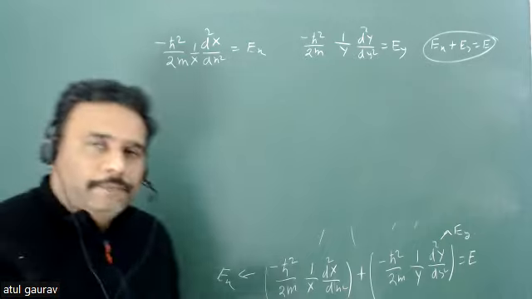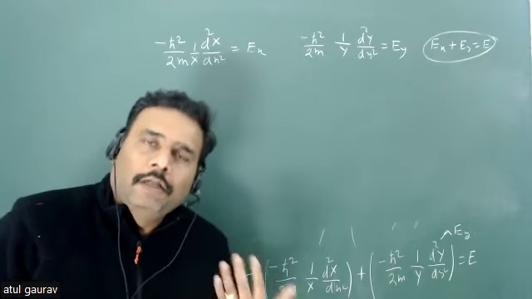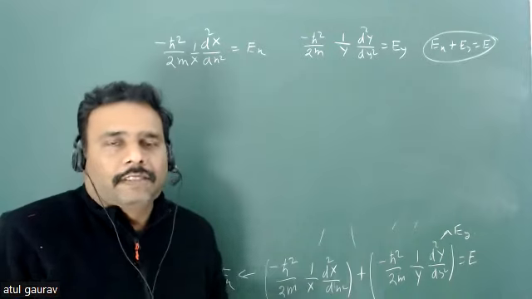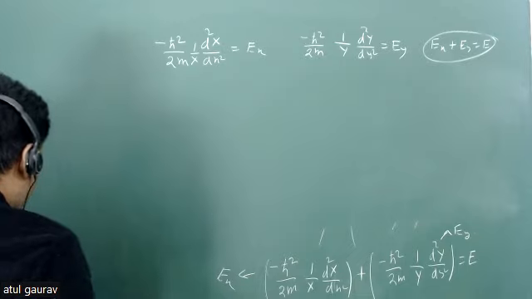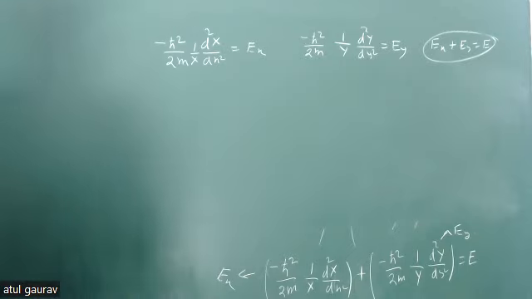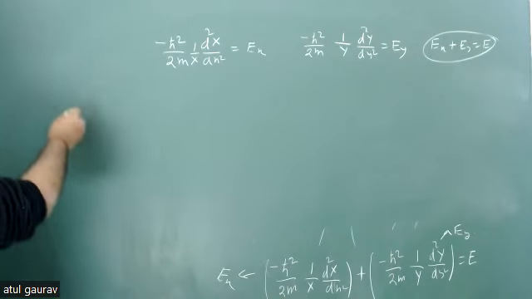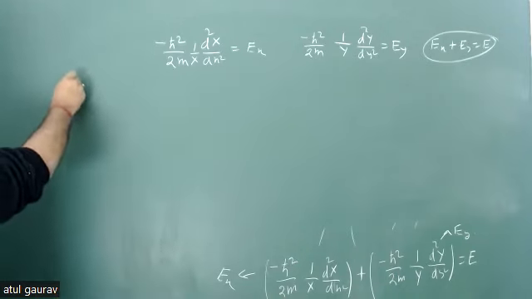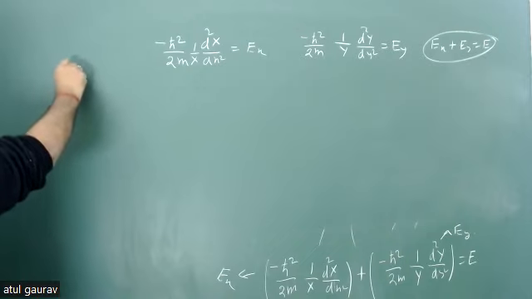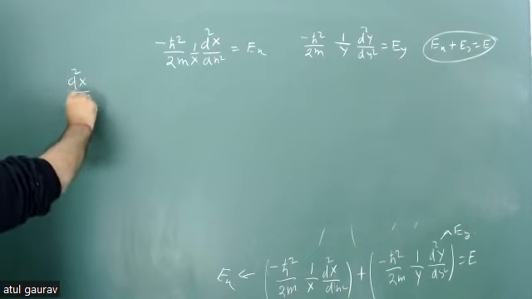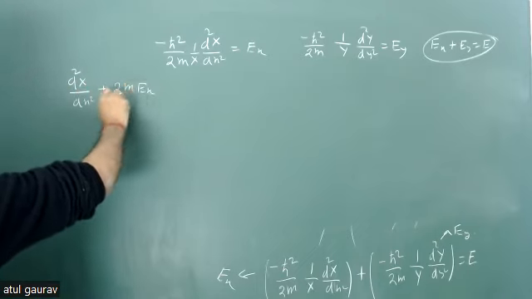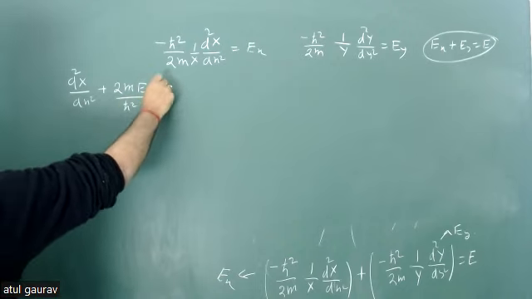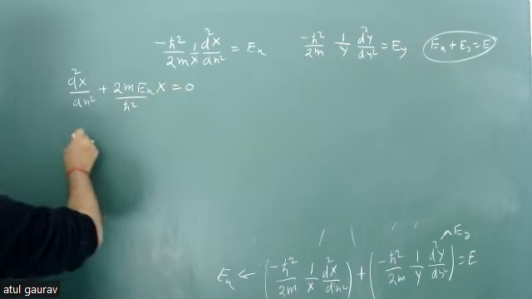And obviously we have the boundary conditions and all the basic information of the one-dimensional system. This is exactly the same differential equation we used to solve the Schrodinger wave equation for the one-dimensional case, isn't it? d squared X upon dx squared plus 2m Ex upon ħ squared X must be equal to 0.